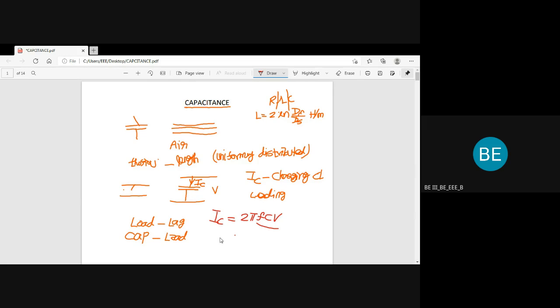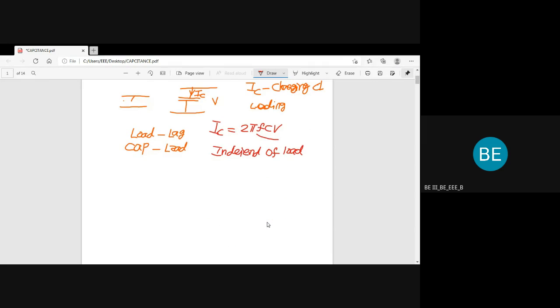This charging current will be independent of your loading condition.